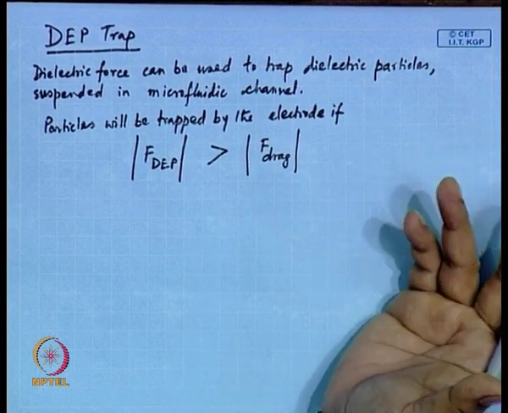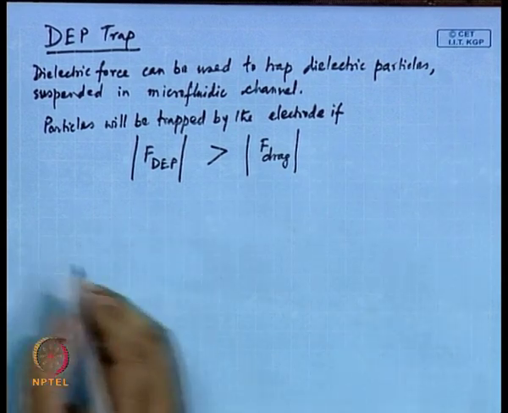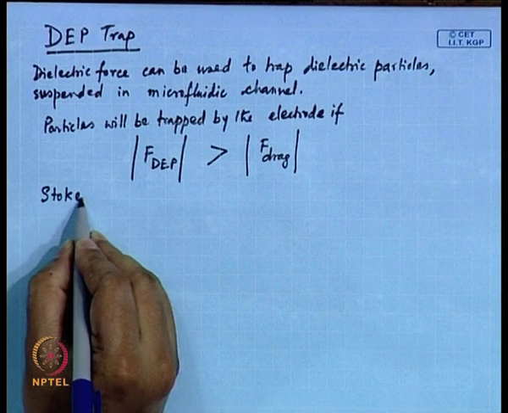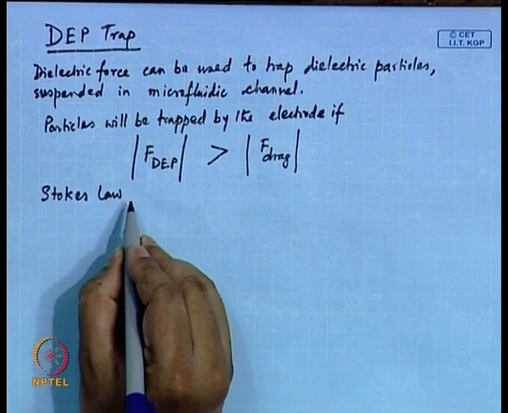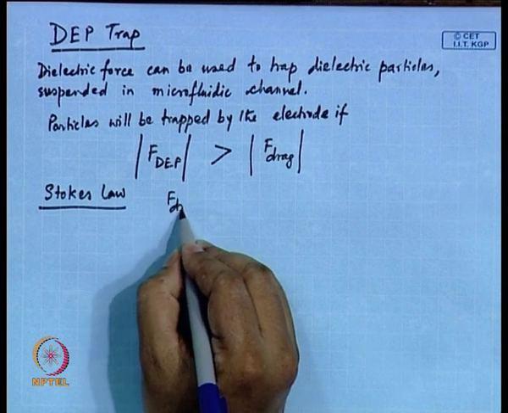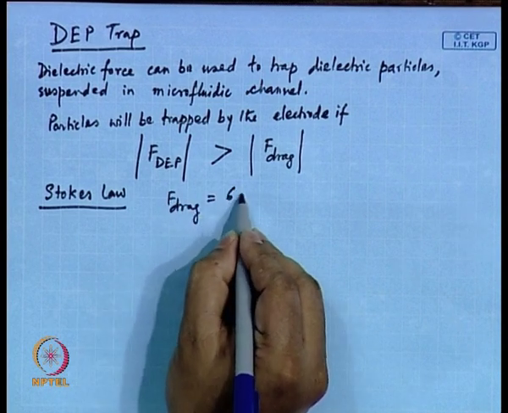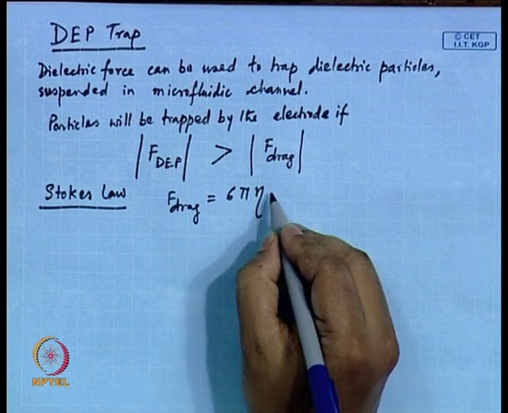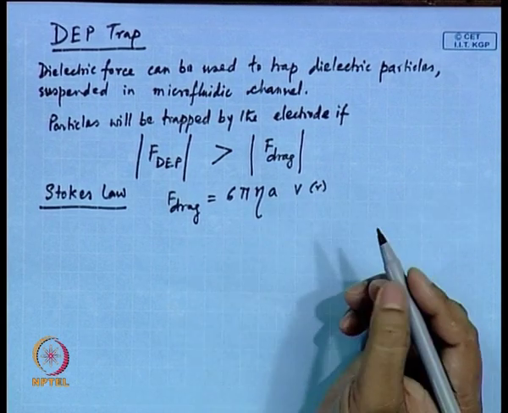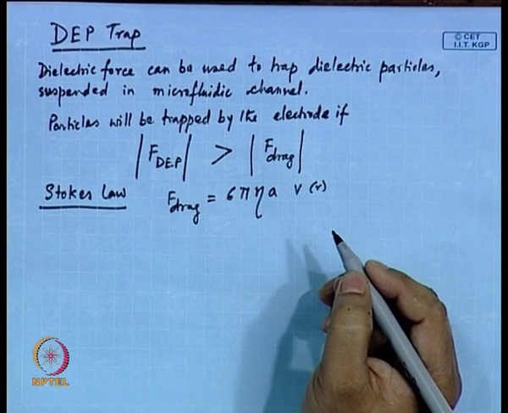Ideally there should be an angle involved. Now, Stokes law says F drag is equal to 6 pi eta a v, where v is at a position r.